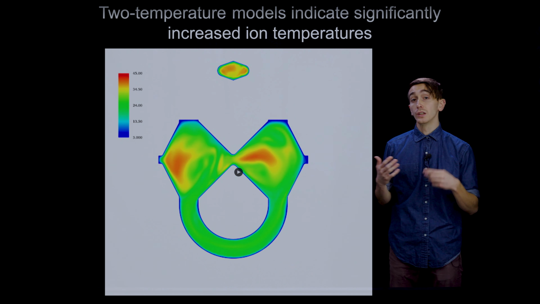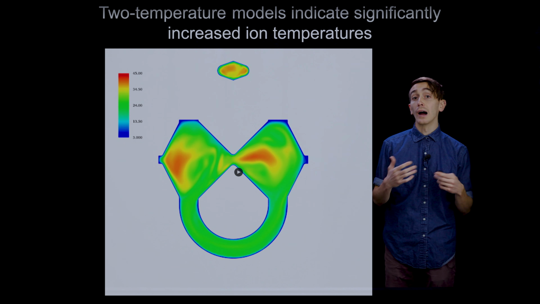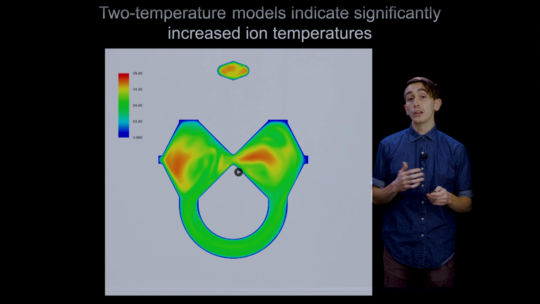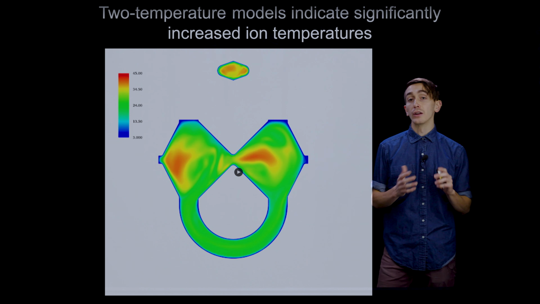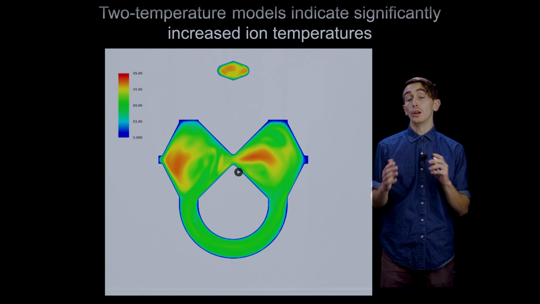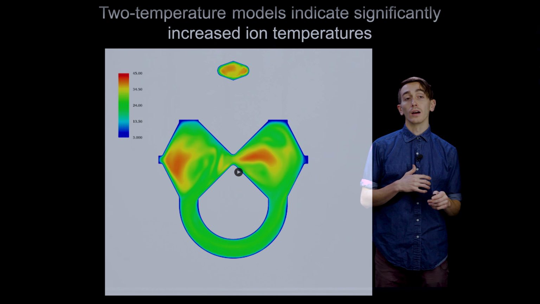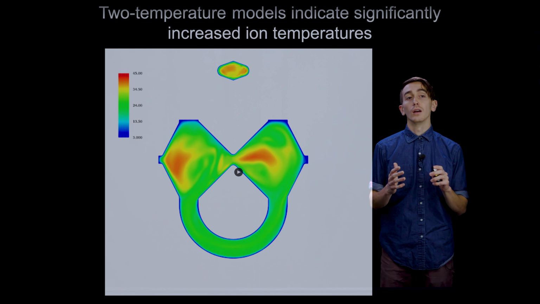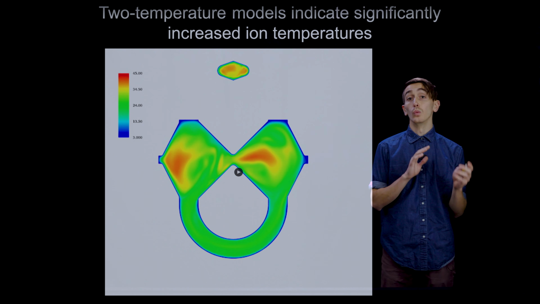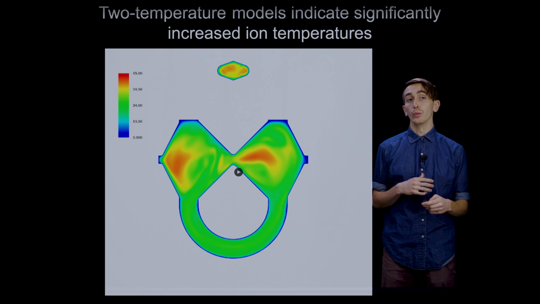That is a good number because we have experimental HIT-SI measurements through ion Doppler spectroscopy that show ions at about 20 to 30 eV on the experiment, and Thomson scattering and Langmuir probe measurements indicate that electrons are about 10 eV. The simulations are in qualitative agreement with the experiment now. So this is an immediate result showing we can better validate with the experiment, and we're quite happy with this.